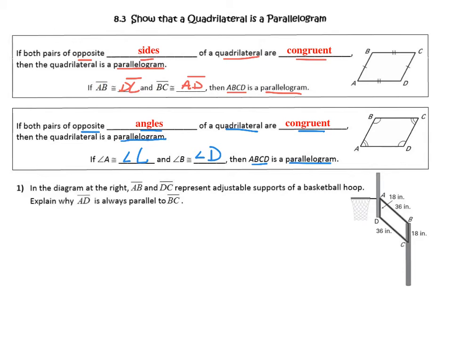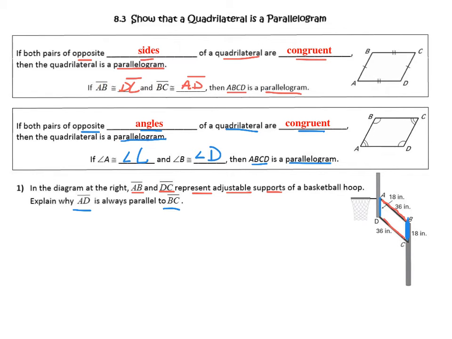So for this first example, AB and DC represent adjustable supports of the basketball hoop. And then I want to explain why AD is always parallel to BC. So I'm essentially just trying to show that this actually is a parallelogram.